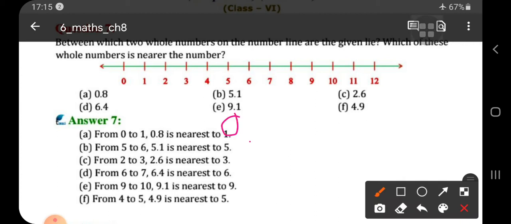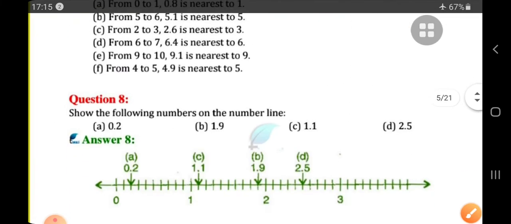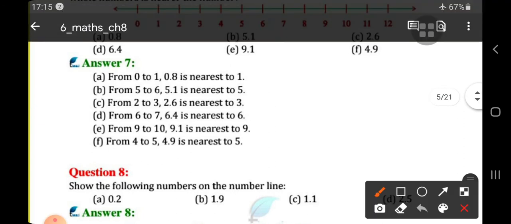So 0, 0.1. Okay. Some numbers are there between, then 0.8, 0.9 and then not 0.10, it's 1. Okay. So what is the answer? Between 0 and 1.